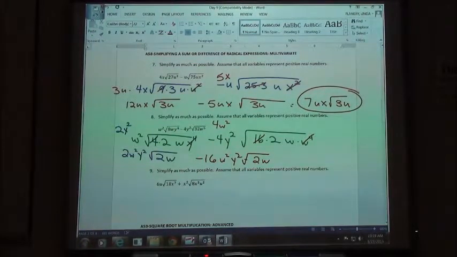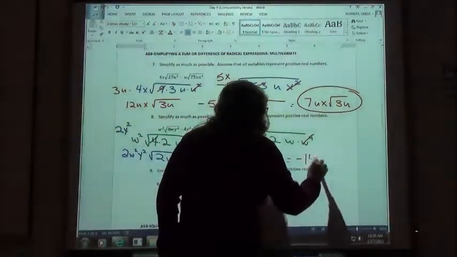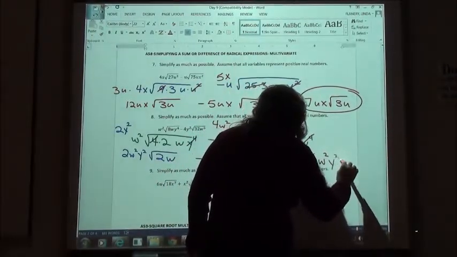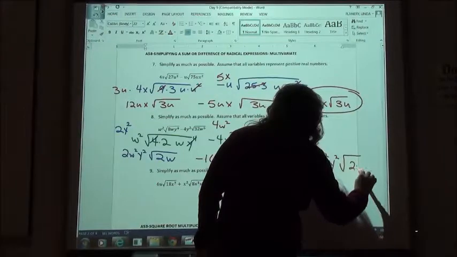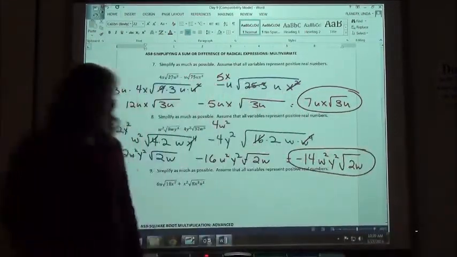Notice everything should match up after our leading numbers. We've got a w squared, y squared, square root of 2w after both of them, which means I can subtract. 2 minus 16 is negative 14. So negative 14 w squared y squared square root of 2w is going to be my answer.